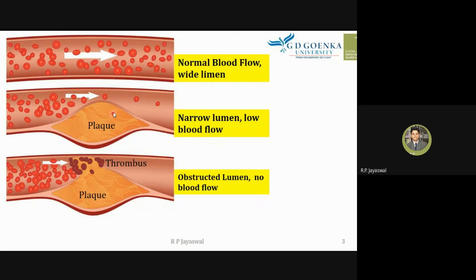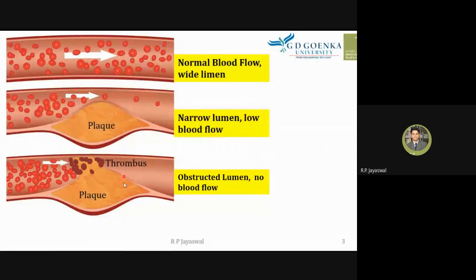But when the artery, the blood vessel, becomes narrow, here you can see this is the lumen. This much is the lumen here. The lumen is only half of this diameter. So there will be low blood flow compared to what we see in the free, normal blood flow when the lumen is wide, right?